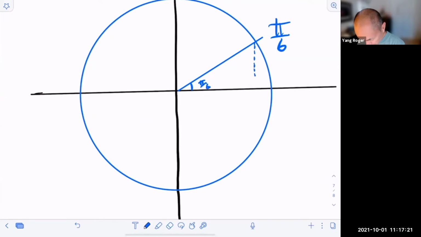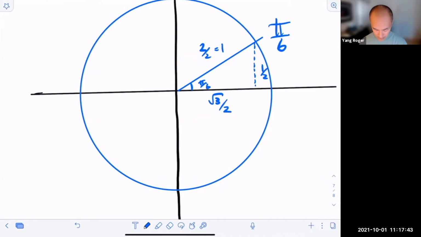If you dropped a right triangle down here, this is the famous 1 to 2 to rad 3 triangle. But we need to make it a unit circle, so we're going to divide everything by 2. So this becomes 2/2, which is 1, 1/2, and this is rad 3/2.